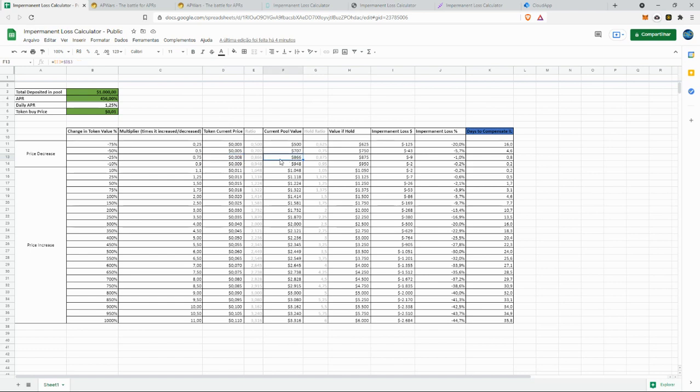The current pool value will be about $866, instead of having 875. So as you can see, you lose money on the way up and you lose money on the way down. Nevertheless, how many days would you need to compensate for this 25% drop?